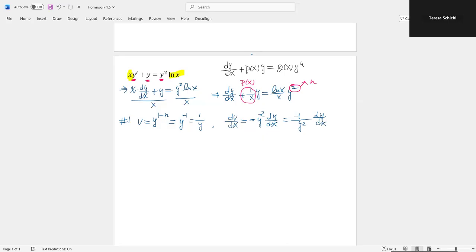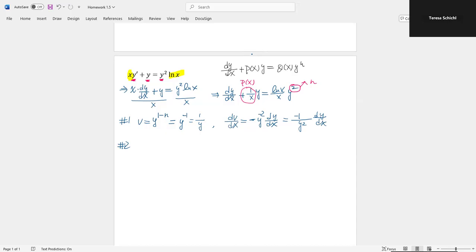Step number 2 is to replace dy/dx in my initial equation with dv/dx.